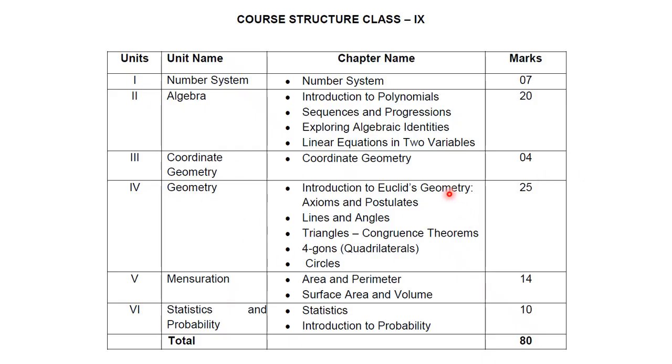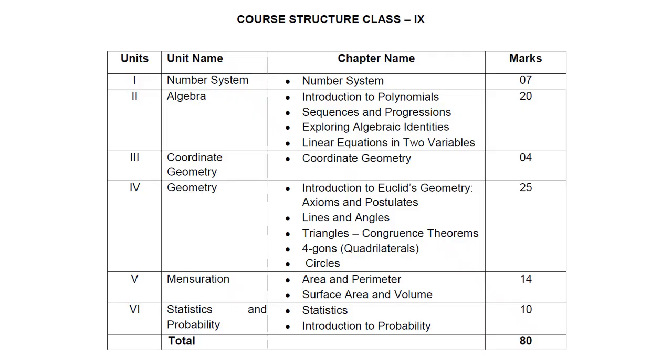Geometry: Euclid's geometry, lines and angles, triangles, quadrilaterals, circles, all these together 25 marks. Then mensuration, area, perimeter as well as surface area, volume, is 14 marks. Statistics and probability together have 10 marks. So total 80 marks. This is the course structure.